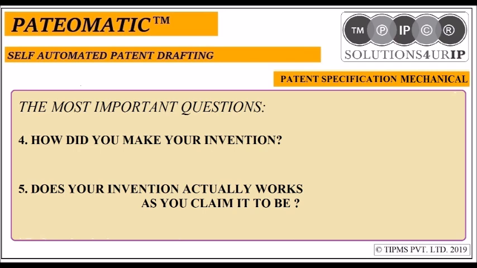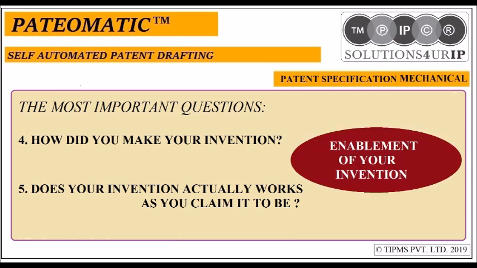This is called patent enablement. When I say enablement, it means that a potential person who is interested to reproduce your invention should be able to do so without your individual guidance, provided he has read your patent specification.